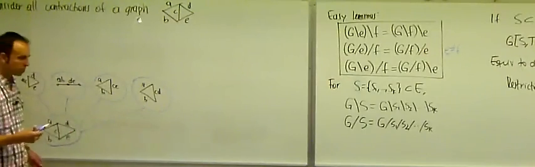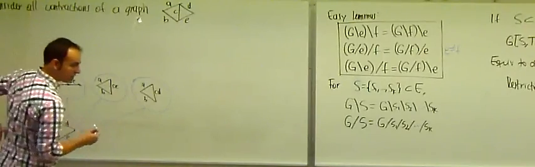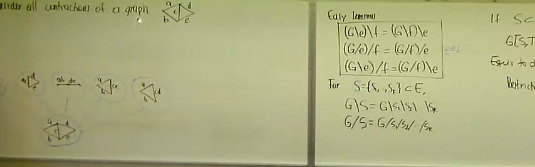Okay, so now what happens if I take this and let's contract B now? So here I contracted A, if I contract B, then what happens?